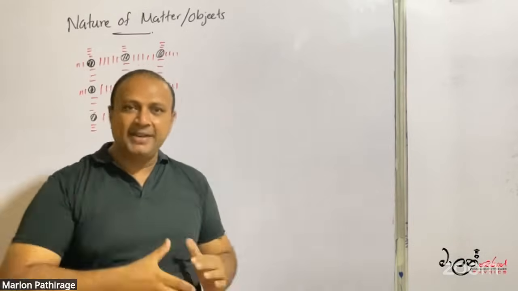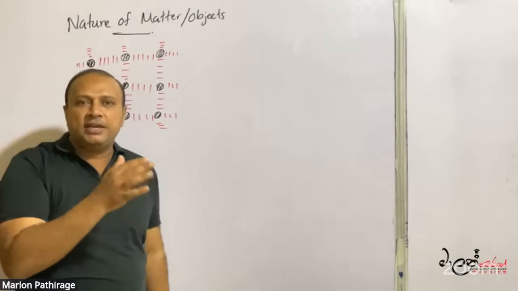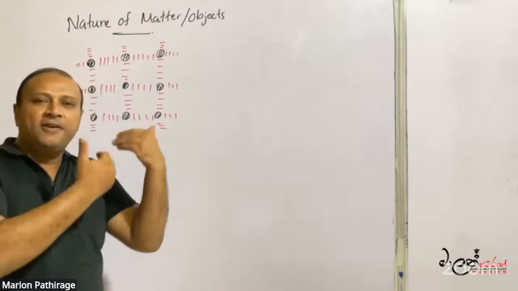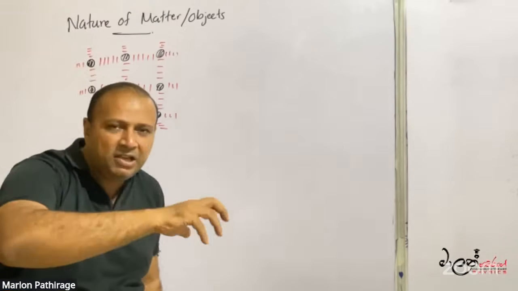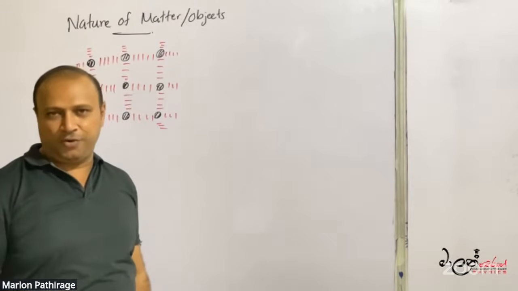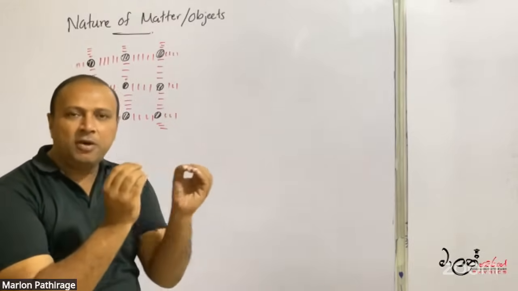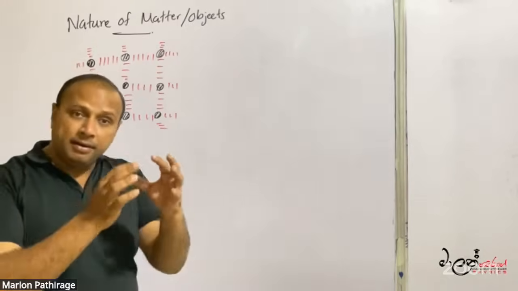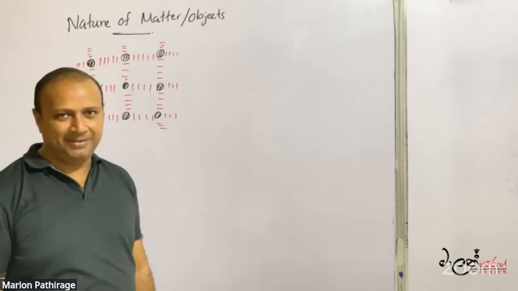But some intermolecular bonds are relatively weaker than the bonds of solids. Therefore, in nature, we can see them in liquid form. If we consider liquids, the intermolecular bonds between internal particles are relatively weaker than those of solids.